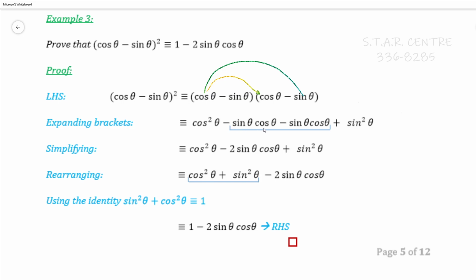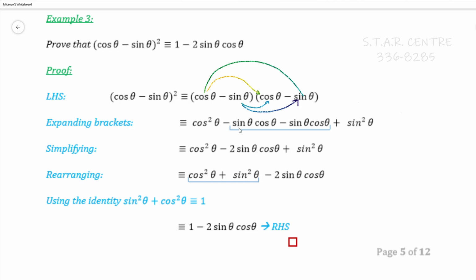Okay, so now expanding, we would have minus sine theta by cos theta, which will give us minus sine theta cos theta again. And then our last term would be minus sine theta by minus sine theta, which will give us sine squared theta. So I'm just going to simplify similar terms.